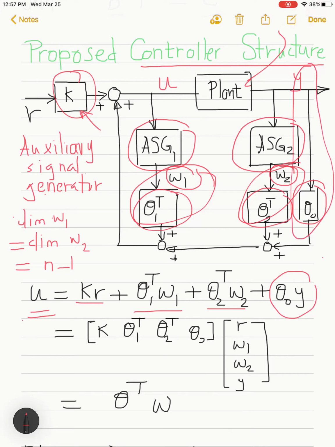So we can put this control signal in the form of a row vector times a column vector. I'm going to call that row vector theta transpose and the column vector omega. Our objective is to design theta.